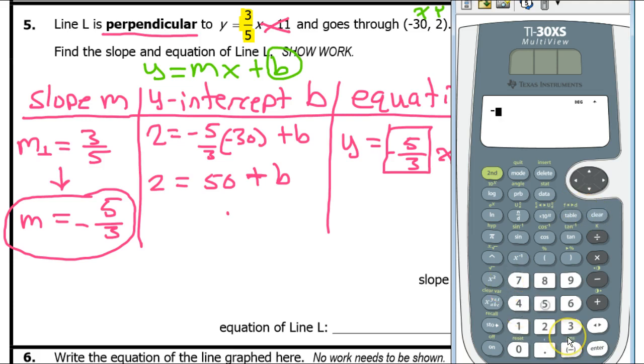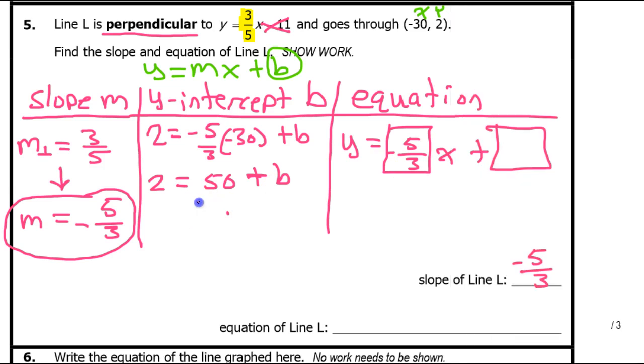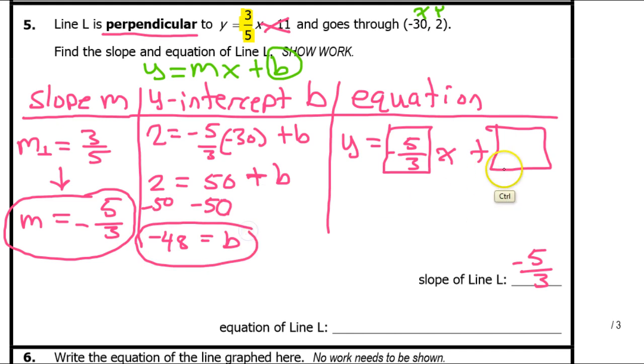So we can simply go negative 5/3 times negative 30, positive 50. Okay, now subtract 50 from both sides, and that's going to give me negative 48. So b is equal to negative 48.